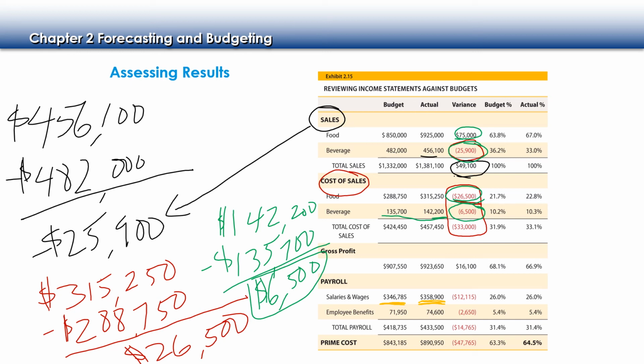And so that's one reason why we can use other areas to justify why we went over budget. So remember, just because it's in parentheses and it's a red number doesn't necessarily mean that it is a bad number. We just have to look at the big picture.